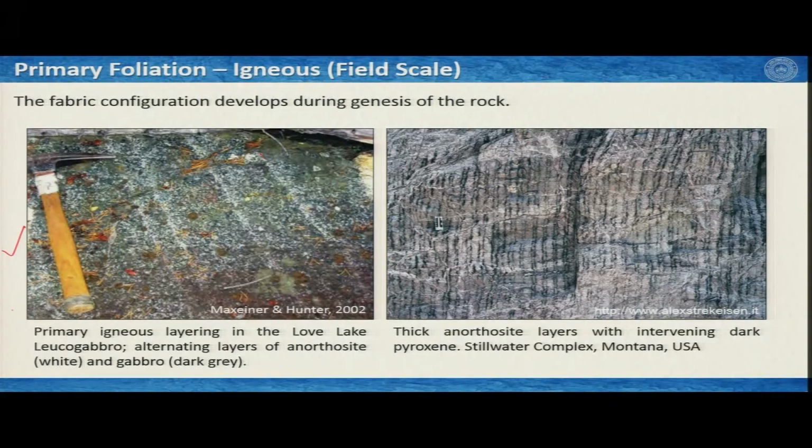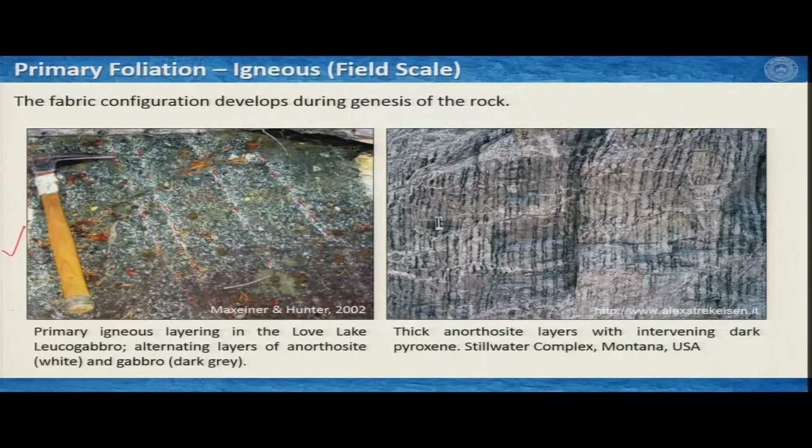These white lines that you see here, which are repetitive, occur in the field penetratively. These white things are anorthosite, and all these dark things that you see as the host rock are gabbro.